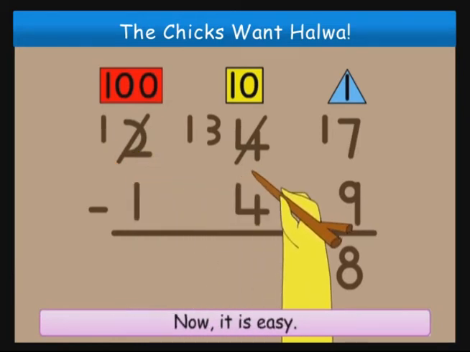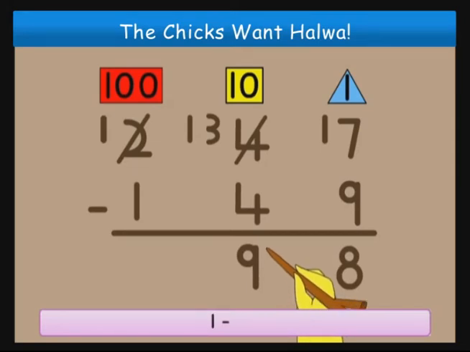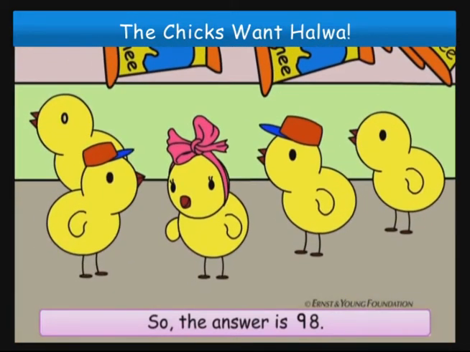Now it is easy. 13 minus 4 is equal to 9. 1 minus 1 is equal to 0. So, the answer is 98. Ma, am I right?